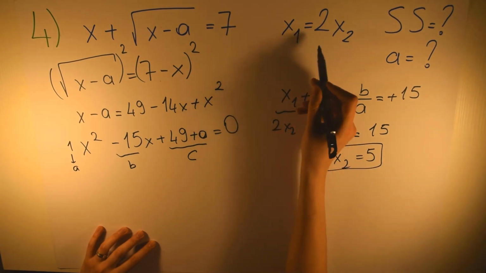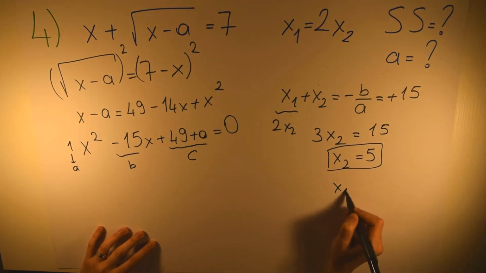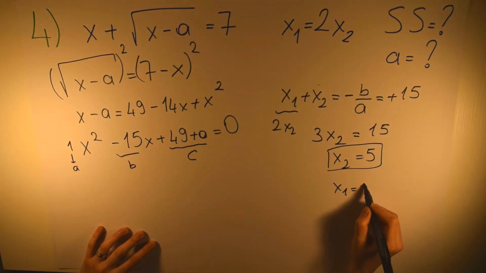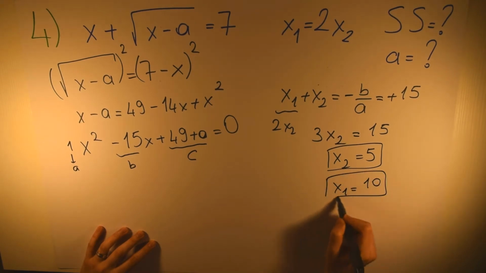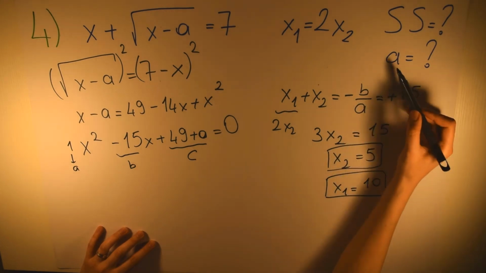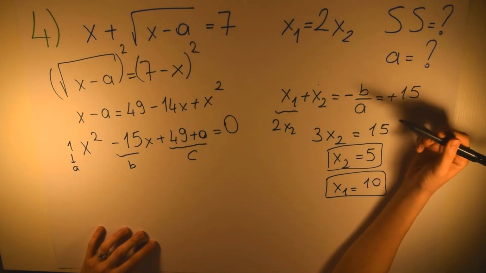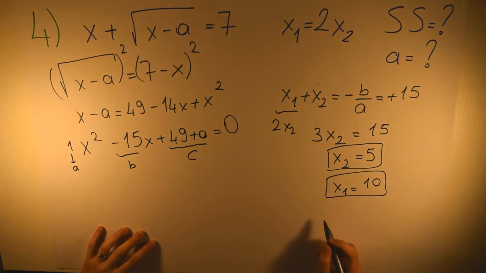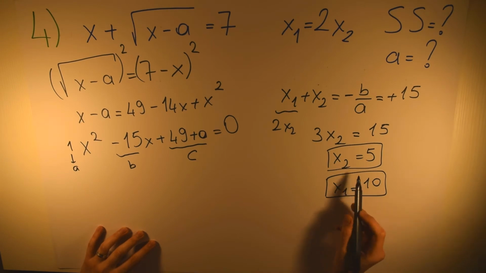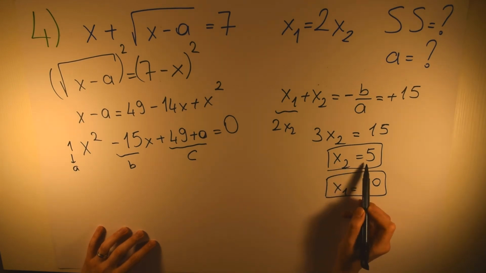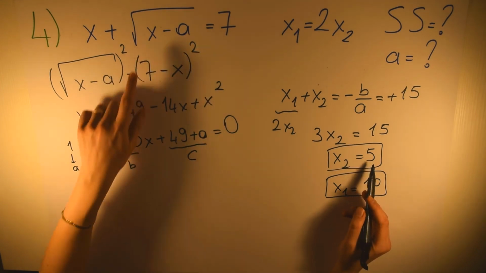So since x1 is equal to 2x2, x1 will be equal to 2 times 5, which is equal to 10. So are we done here? No, we will find the value of a, and then we will check our solution set one more time. So let's do that. To find a, instead of x, I write here 5, okay?